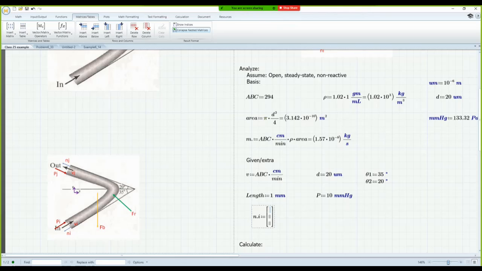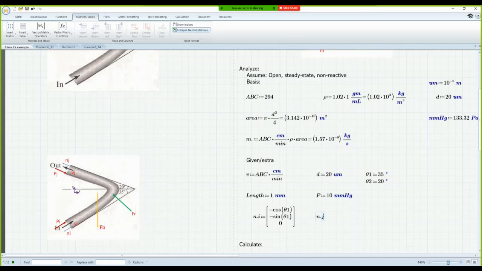You'll notice that it's in the negative x direction, so the x component is the negative cosine of 35 degrees, theta 1, because the angle is with that lower angle. The y component of n I is also in the negative y direction, so that's the negative of the sine of theta 1. And there's no component in the z direction.